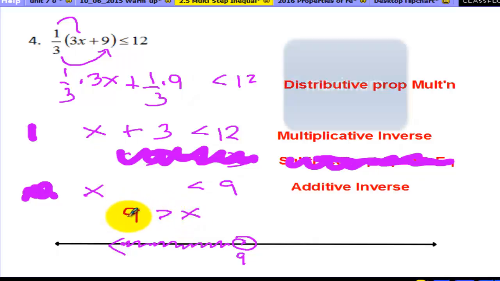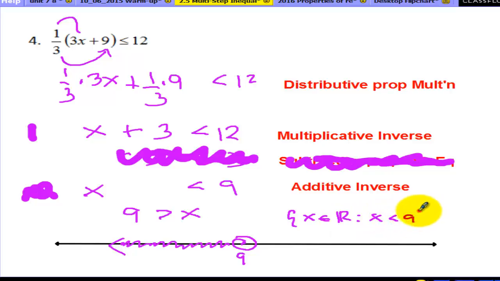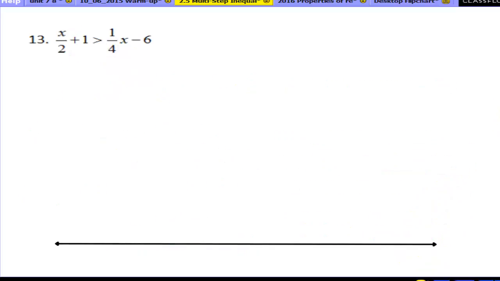It means that 9 is the maximum number. So this will also be the solution set. In set notation, it can be written as x element of real numbers such that x is less than 9, or x element of real numbers, 9 is greater than x. Either way will be correct.